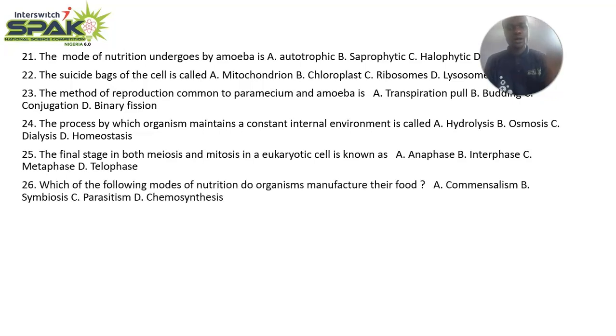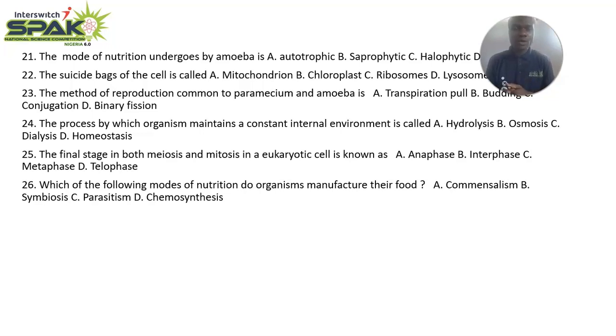Which of the following modes of nutrition do organisms manufacture their food? A, commensalism. B, symbiosis. C, parasitism. D, chemosynthesis. In commensalism, an organism feeds on crumbs from another organism. In symbiosis, two organisms live together.